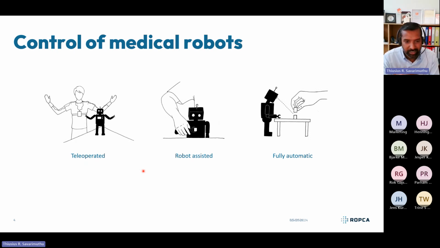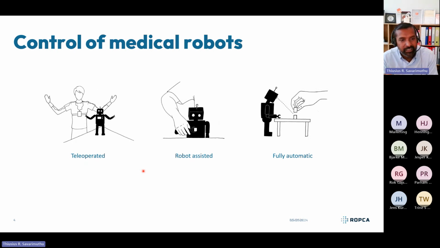And in this way, you can make sure that you have a very stable and precise needle guide for taking out the biopsy sampling. So teleoperated robots, you have the human always closing the control loop, where the human has to basically issue every command, and then the robot carries them out.